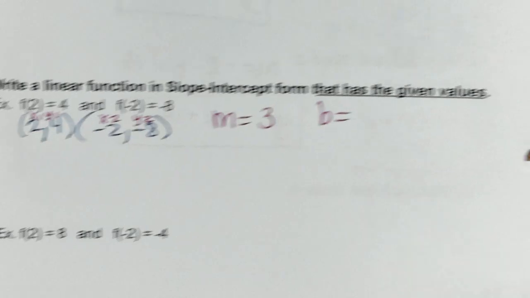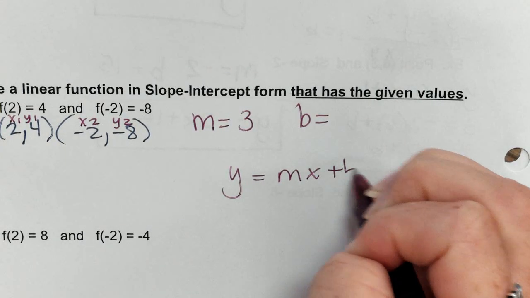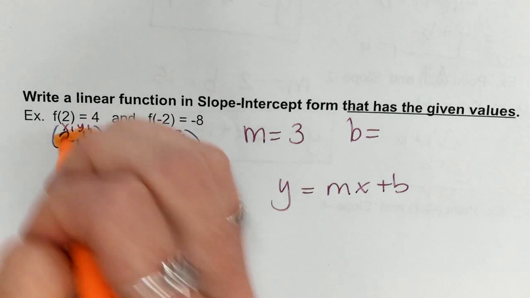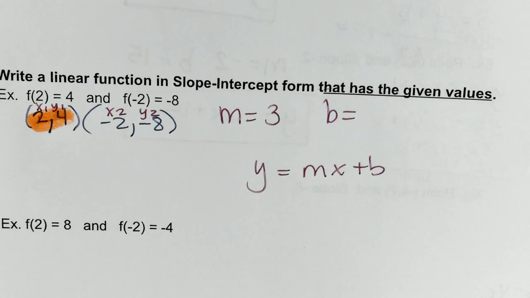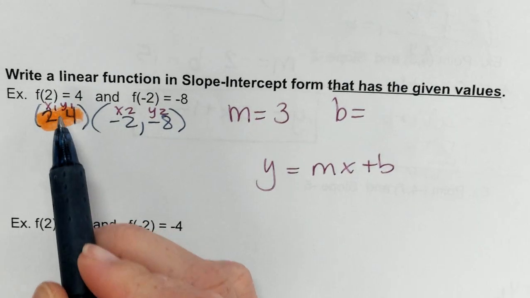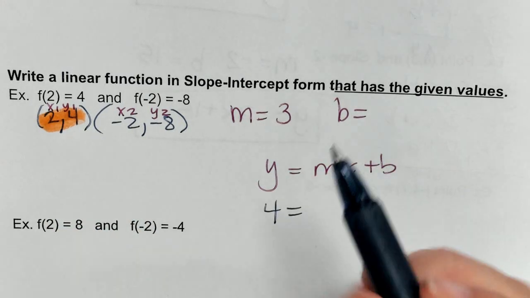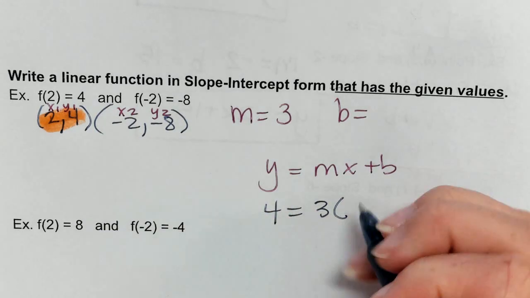I now need a b. So I write, and I'm just going to do it out here, y equals mx plus b. Which coordinate do y'all want to do? 2 and 4. All right, so what does the y have to be if we chose this coordinate? 4 equals, what is the m? 3 times, what is the x?